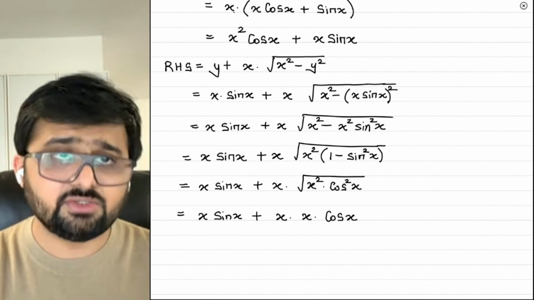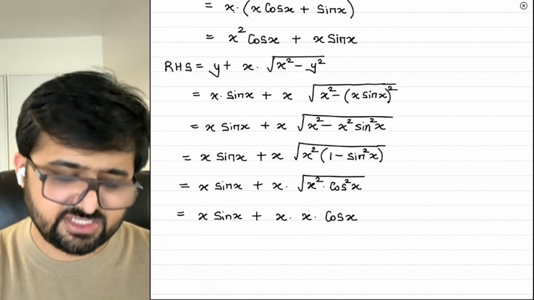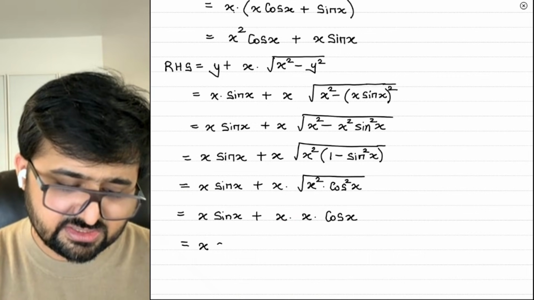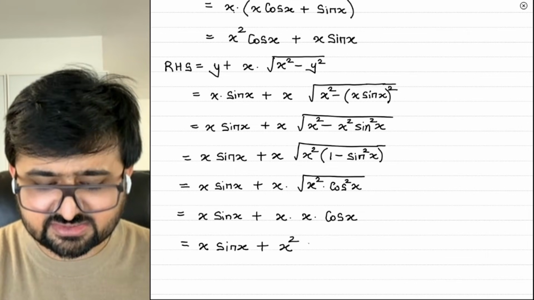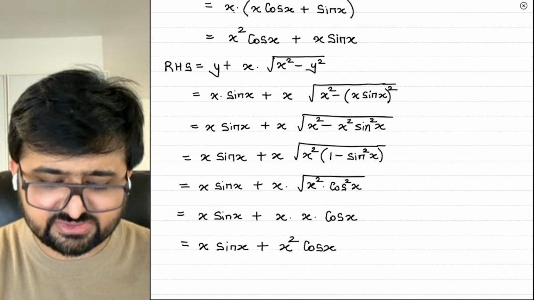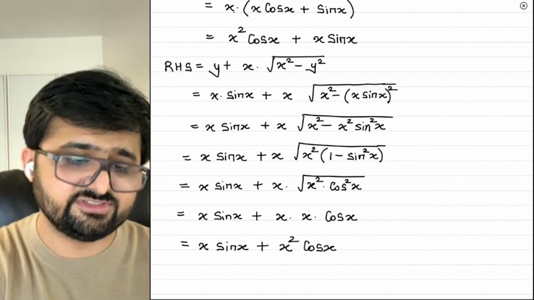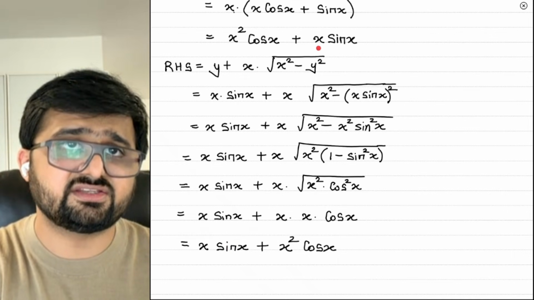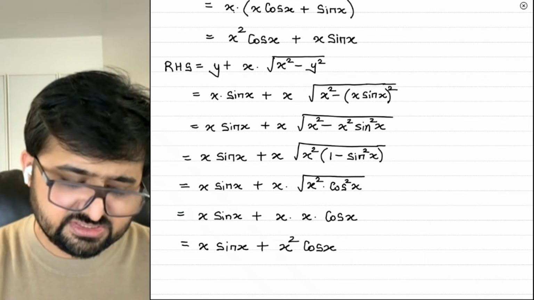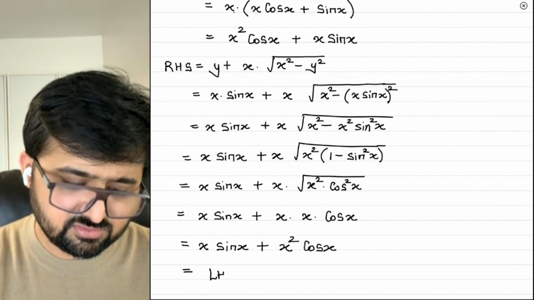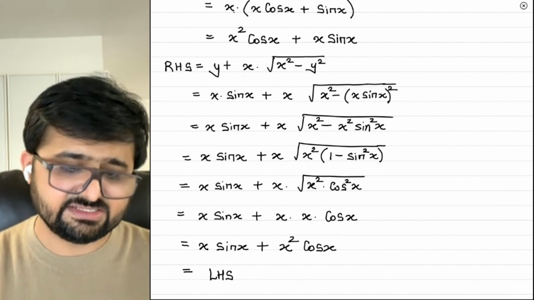Now x times x will become x square. So you will get x sine x plus x squared cos x. Notice that this is what my left hand side turned out to be. So this is equal to your left hand side.